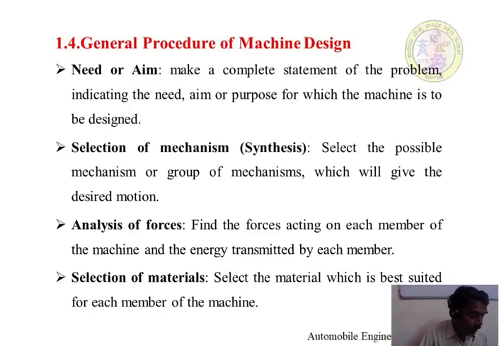The point number one: aim, or recognition of need. Before manufacturing a component, or a part or machine, the designer should know the aim or need of it. Why it is necessary, for what purpose we are going to use it, he has to think about it. Say for example, a tractor implement pin, a top link pin.